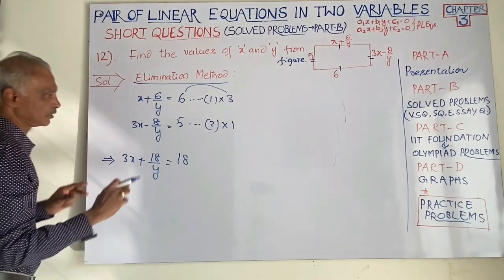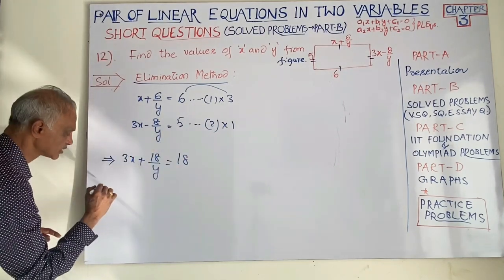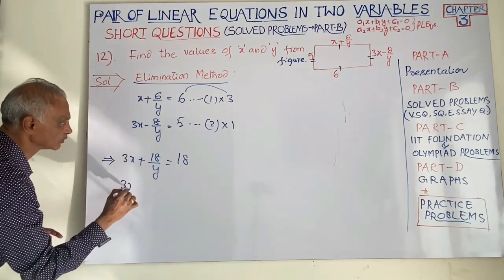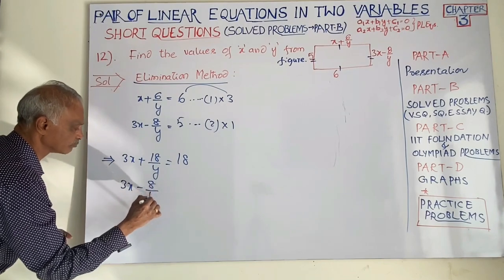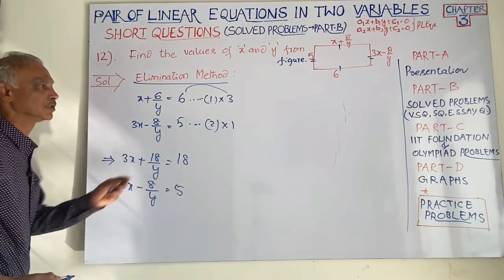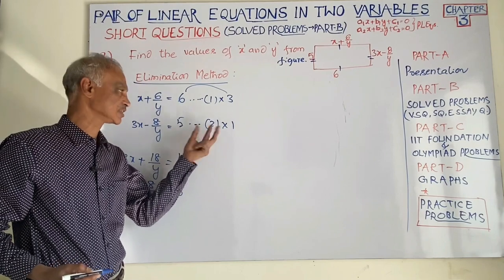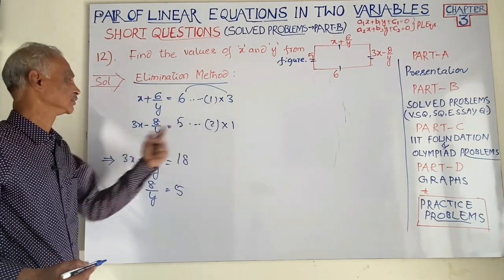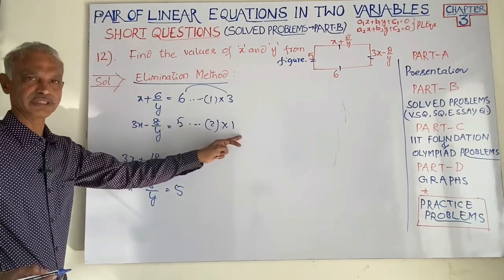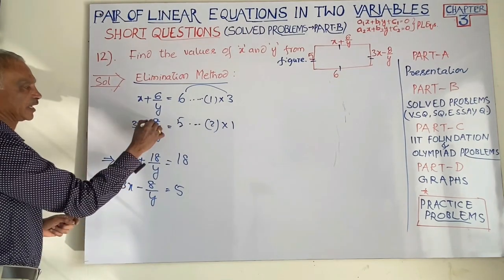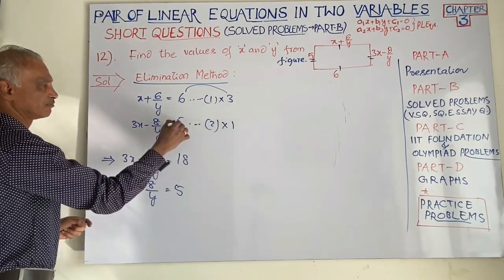Now you see 3x. What is the next equation? 3x minus 8 by y is equal to 5, because I multiplied the second equation with 1: 3x into 1 is 3x, 8 by y into 1 is 8 by y, 5 into 1 is 5.